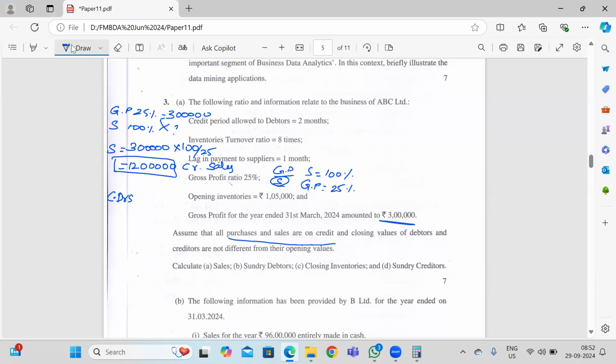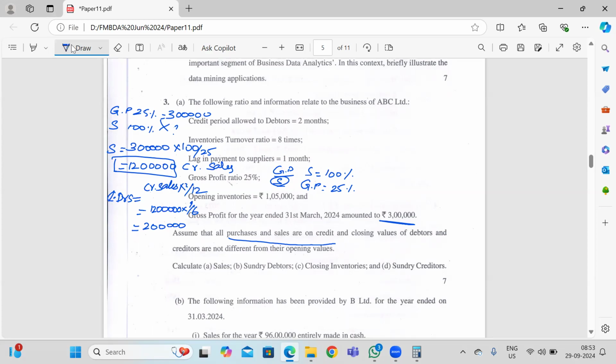So closing debtors is equal to 12 lakhs, that is credit sales, into credit period allowed, 2, divided by number of months, 12. This is a shortcut formula. So 12 lakhs into 2 divided by 12, that is 1 by 6, so we will get 2 lakhs as closing debtors.